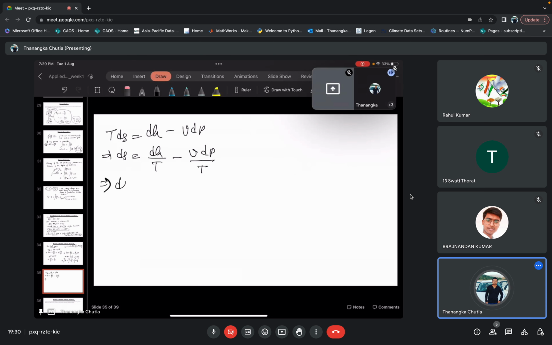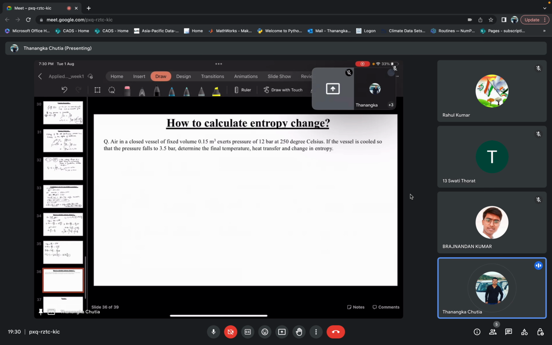So this will be dS = Cp dT/T minus (V/T = R/P) dP. After integration, S2 minus S1 = Cp ln(T2/T1) minus R ln(P2/P1). Okay, so we'll do this question now.